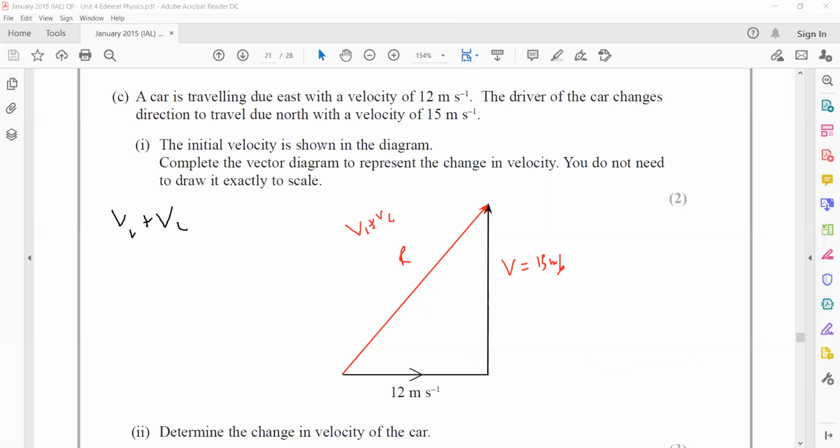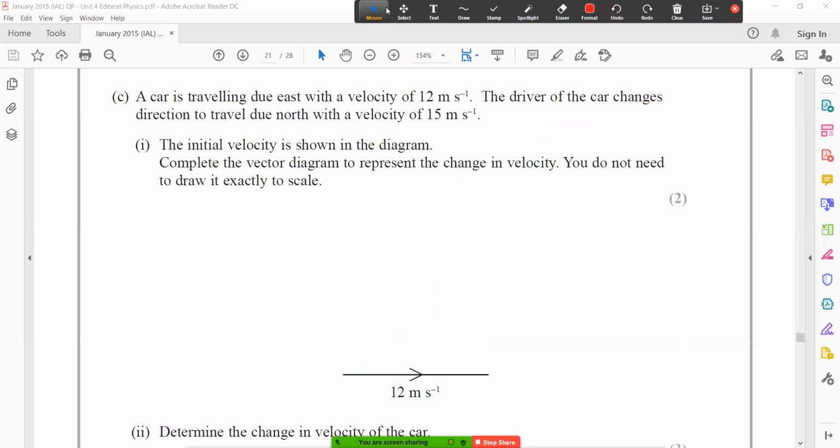But in this question, they don't ask for V1 plus V2. They ask for the change in velocity, and change in velocity is final minus initial. You will find questions related to vector diagrams, so you have to recall this concept of vector diagram to solve them.